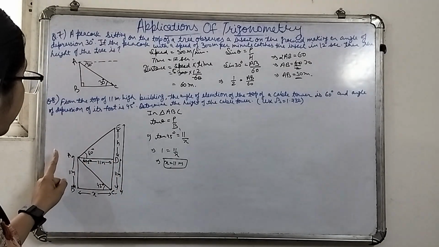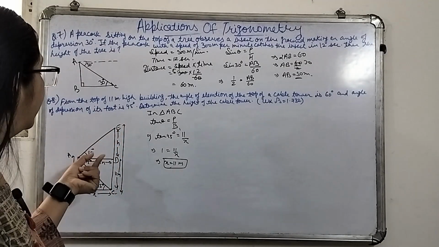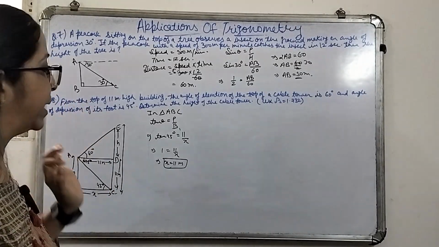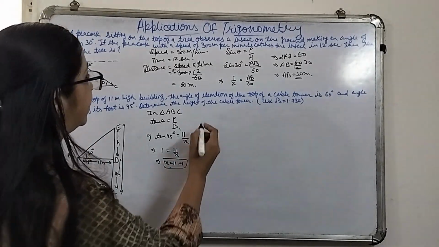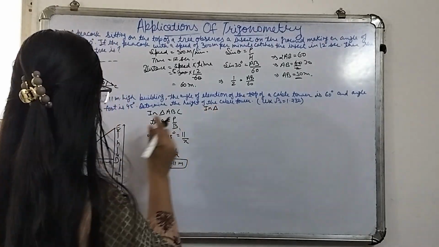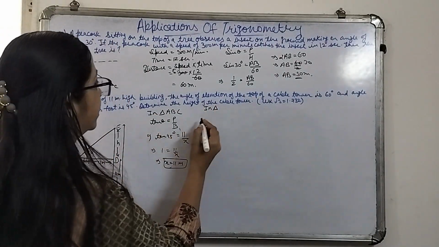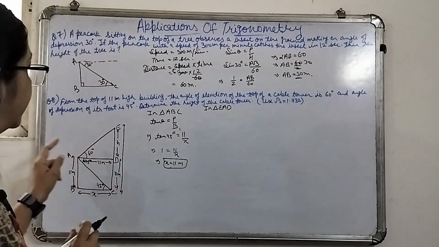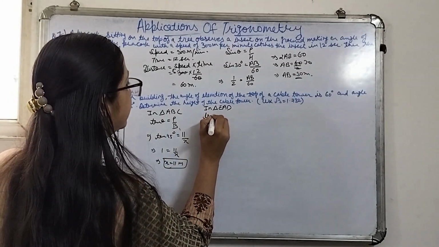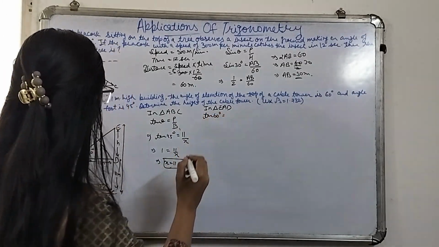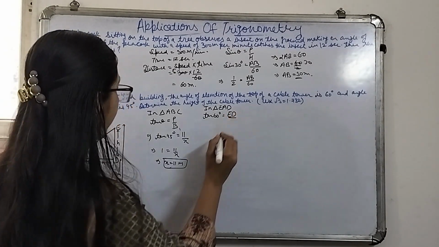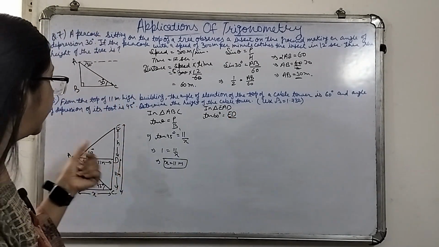Now if we look at the triangle ADE, we have the value of the base, and we have to find the perpendicular. So in triangle EAD, tan 60 degree is perpendicular over base: ED is the perpendicular and AD is the base.